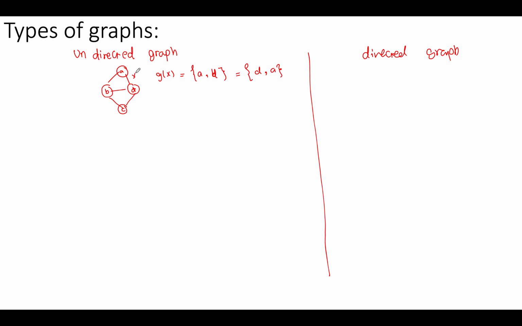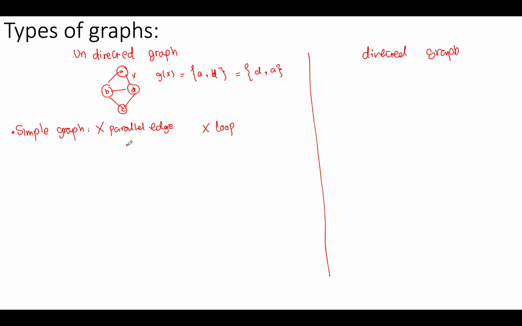Now for the undirected graph, we've got 4 types to discuss here. The first type is the simple graph. In a simple graph, I have a graph that does not contain a parallel edge and does not contain a loop.